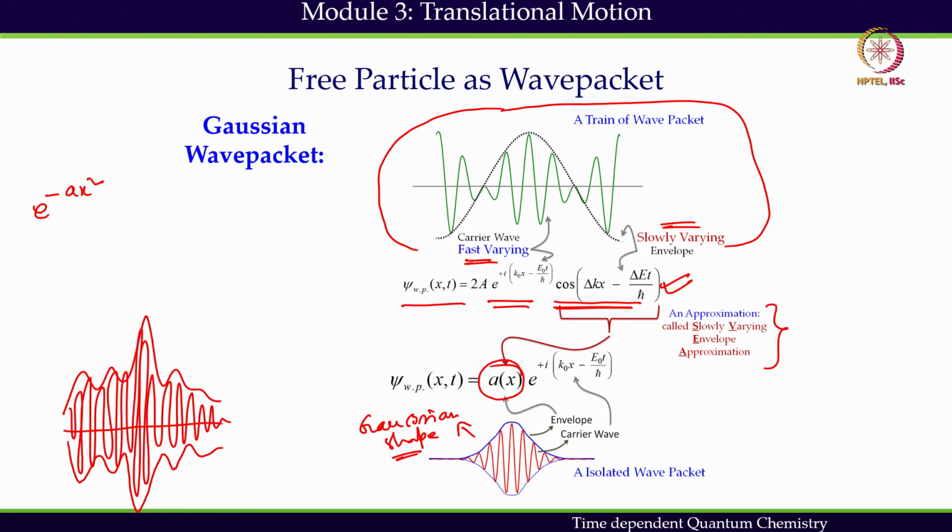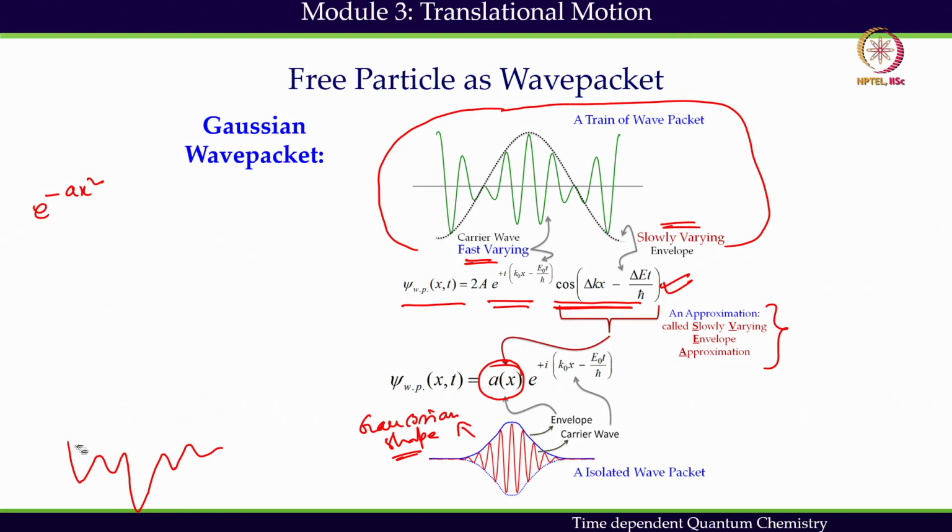So, in this module we are trying to present the analytical form of how the wave packet should move, and I have to start with an initial wave packet, which I can make a Gaussian form, like e to the power minus a x square.